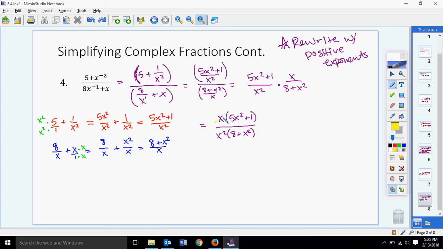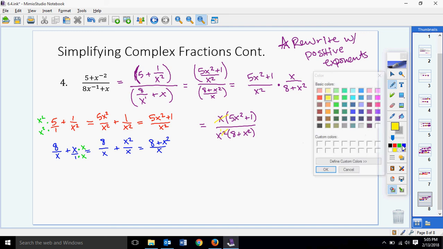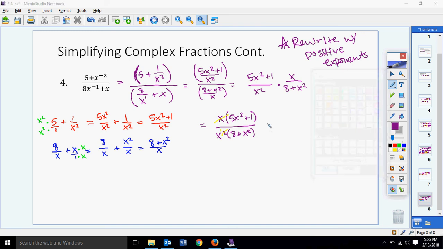But I do notice that I have an x here, and I have an x times an x. I can cancel out 1. So my numerator, all that's left is the 5x squared plus 1. In the denominator, I have an x times an 8 plus x squared.